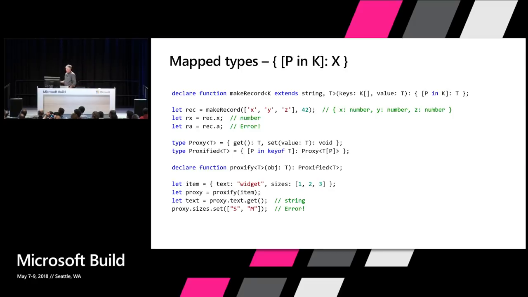So here is, for example, a thing that wraps a get and set proxy around every property in an object type. And now if I give you an item here, then I get back something that has the same properties, but each property has been turned into a getter or setter of the same type, which is something that also happens a lot in JavaScript frameworks.